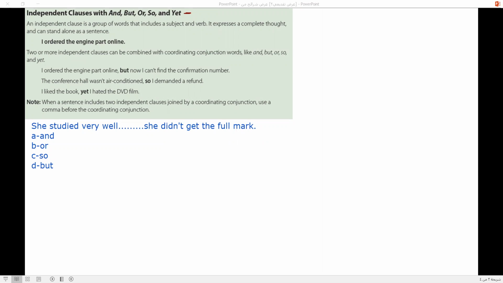So, since no one is answering now, yes, Safa, very good. Here I have but. I didn't write yet in the choices because sometimes yet can come as a substitute for but, so I prefer not to use it. So you see, I'm going to give you very clear sentences and you can tell the answer. This sentence is simple. You can tell that even though she studied very well, she didn't get the full mark. I'll give you another question.